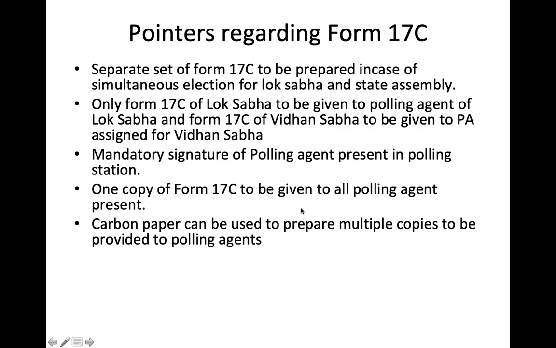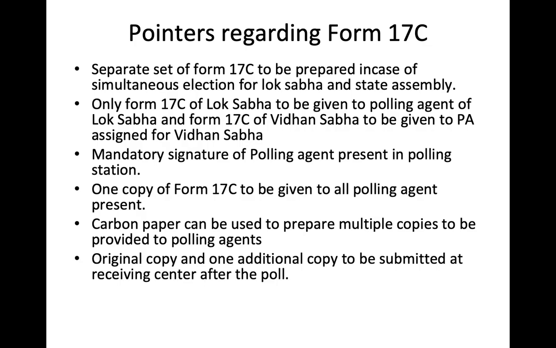To the polling agent, only carbon copies of Form 17C will be distributed. Please don't forget to distribute Form 17C to the polling agent after getting their signature and the signature of the presiding officer. So, here again, the original copy and one additional copy are to be submitted at the receiving center after the poll.